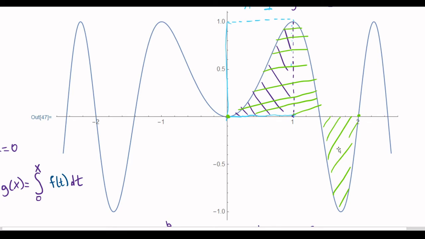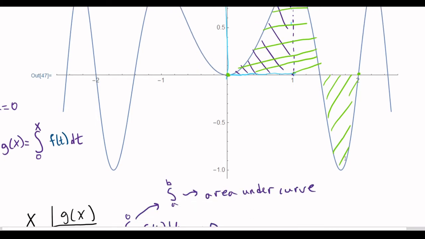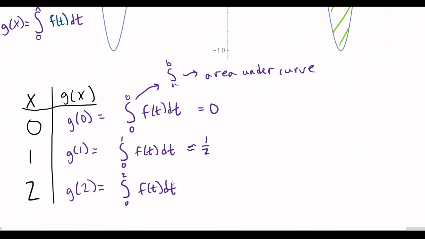Oh, goodness, what is that going to be exactly? That's a little tough to say, but just eyeballing it, this green area that's negative, that's being taken away, is smaller than this. So I do think G of 2 will be a positive number. But it's quite hard to actually tell exactly what it's going to be. So this is pretty tough.